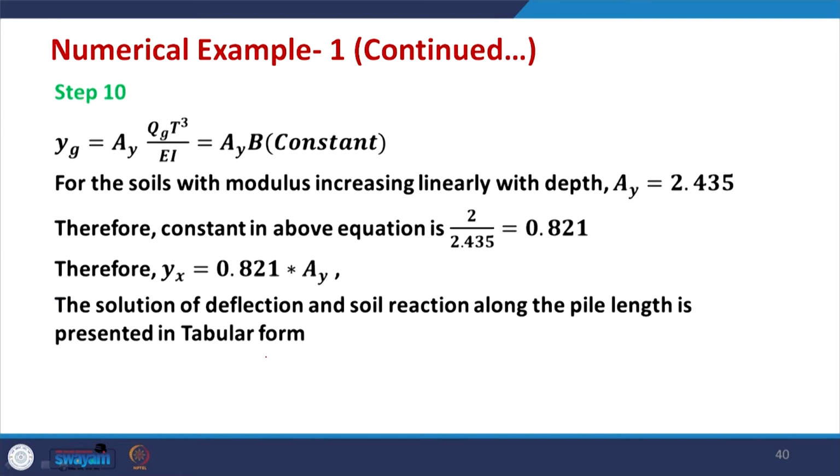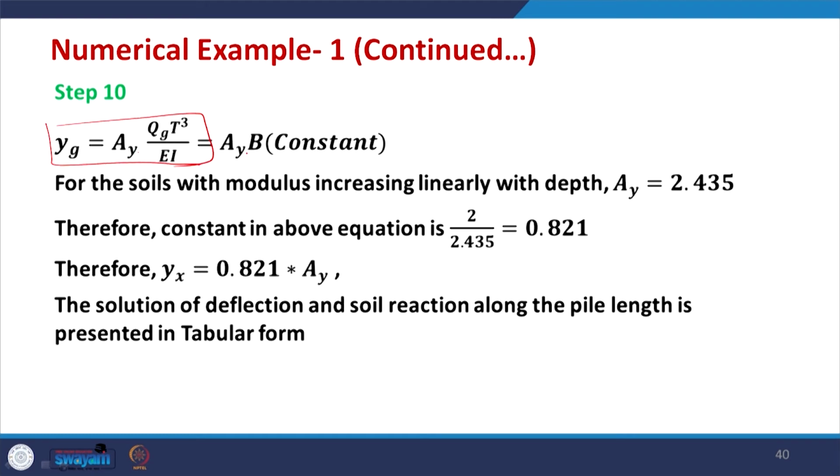Then we want to find the variation of the deflection along the depth. The variation along the depth is y equal to A y Q g T cube over E I, which you can see from this relation.